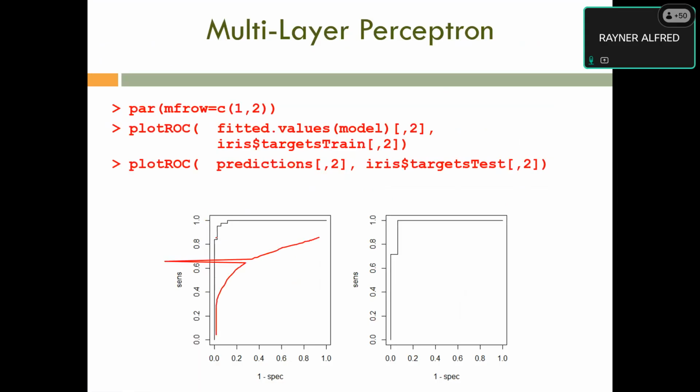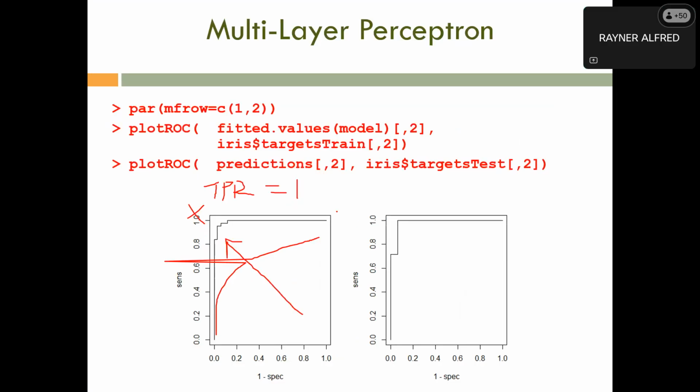This is the true positive rate. You want to have 1. That means all your positives should be classified as true positives as well. So we want to maximize here.